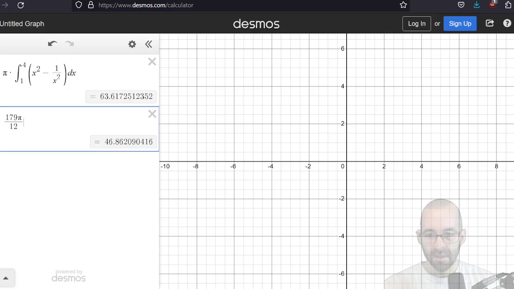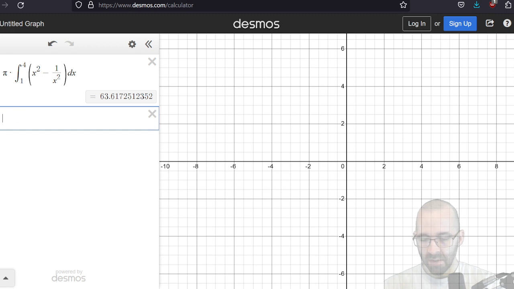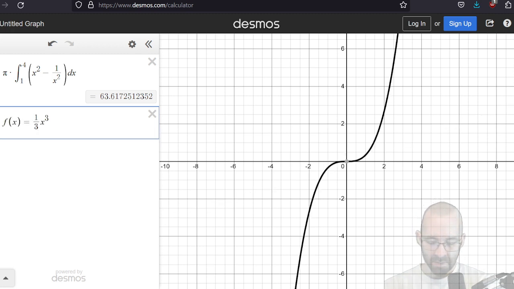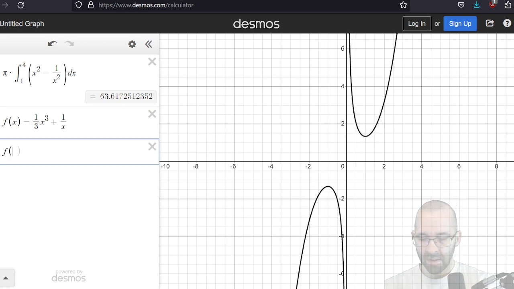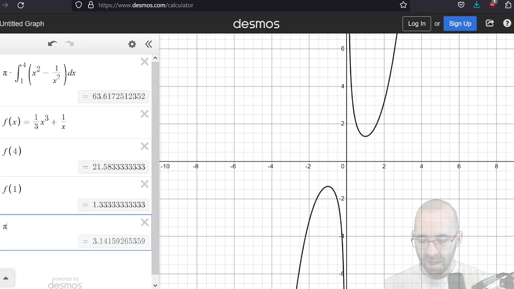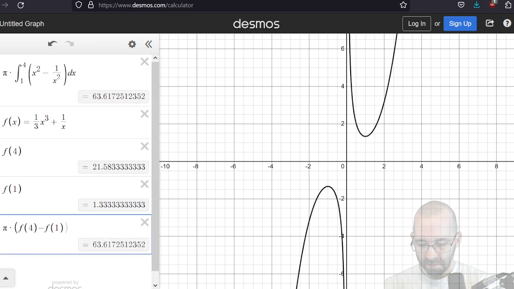Let's be smart about it. Let's let the antiderivative be 1/3 x cubed plus 1 over x. We have f of 4. We have f of 1. And if we have pi times f of 4 minus f of 1, we indeed have the right answer.